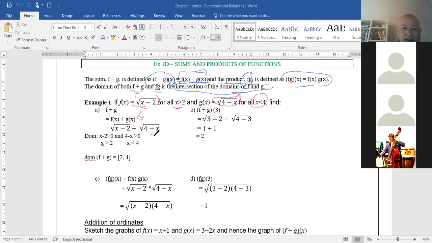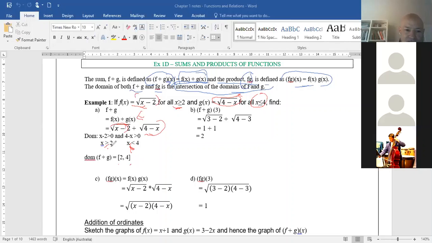Okay, the domain. Let's look at this domain. The domain for f of x was x is greater than or equal to 2. And for g of x, the domain is x being less than or equal to 4. I showed you how to work it out, but you didn't have to do it like that. I'll put the equal sign in here.